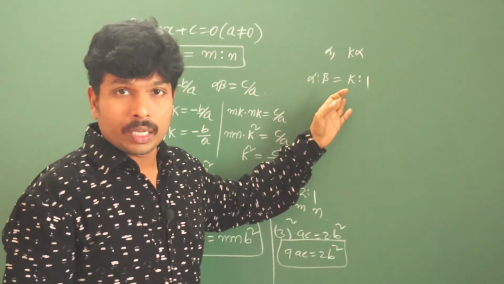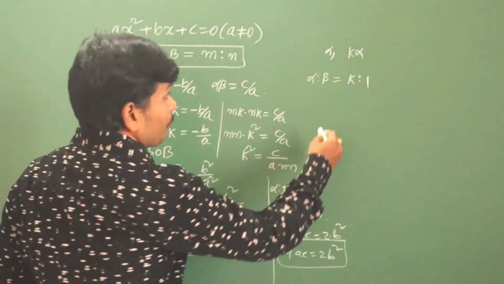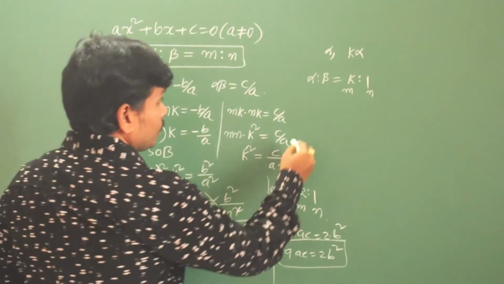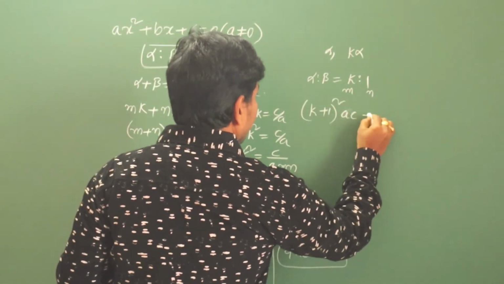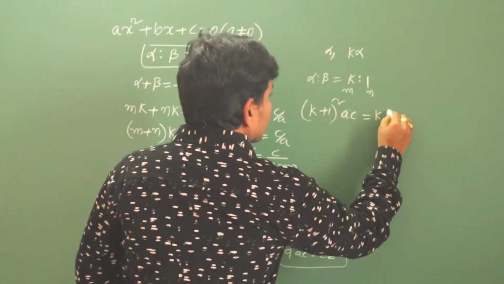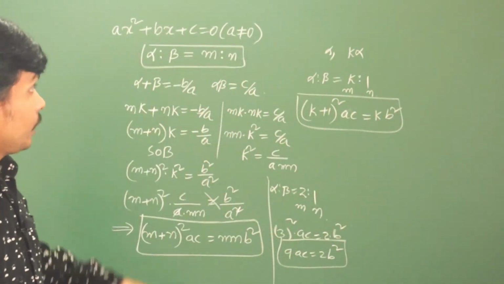So definitely you take alpha is to beta equal to k is to 1. Substitute here, m value is k, n value is 1. Substitute in it: k plus 1 whole square into ac is equal to mn, k into 1, k b square. So this is your answer.